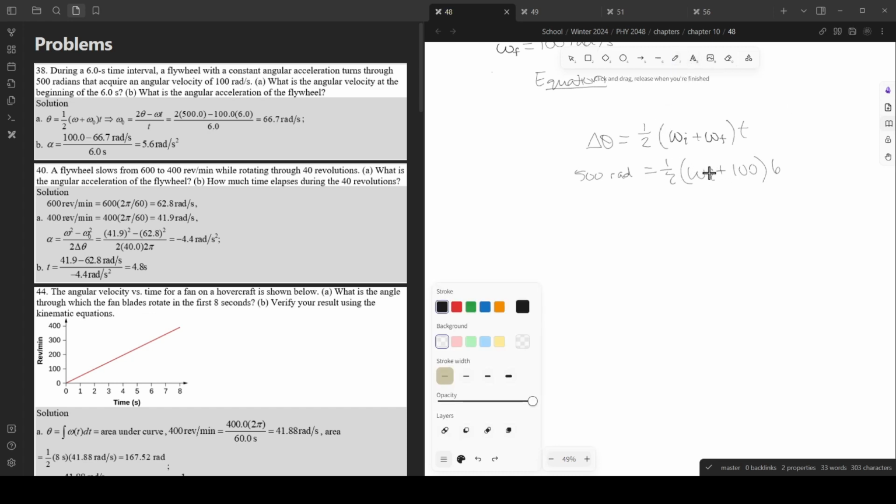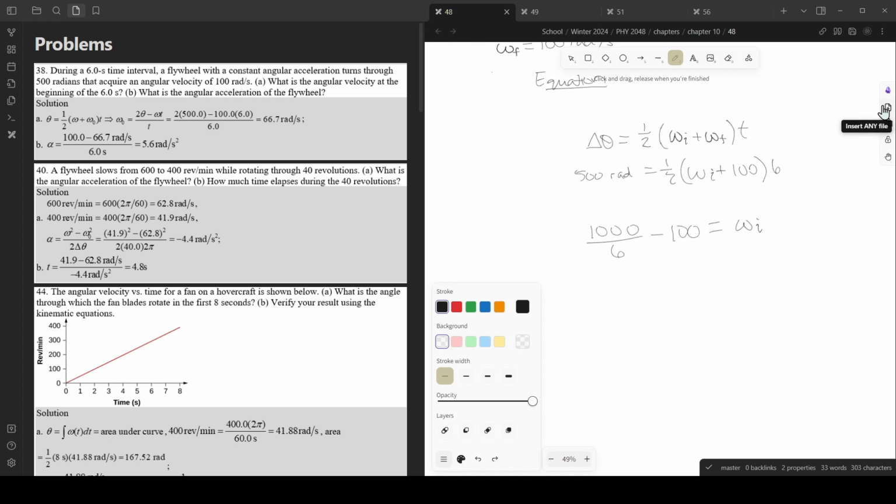So we're just going to isolate omega initial. So we multiply 500 by 2, so 1000, and then we divide by 6 to cancel out the 6 on that side. And then we want to subtract that 100, and that is going to equal our omega initial.